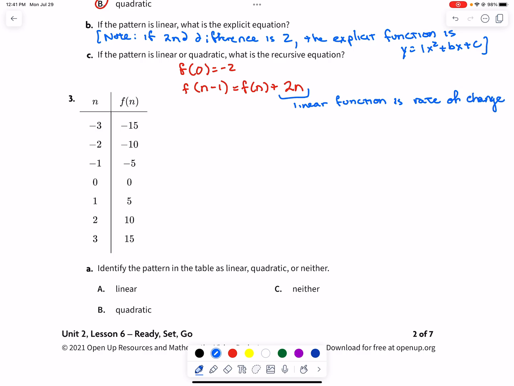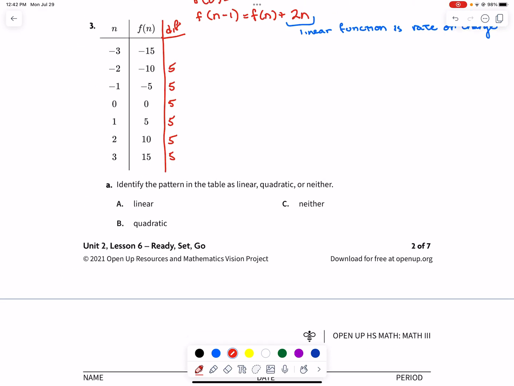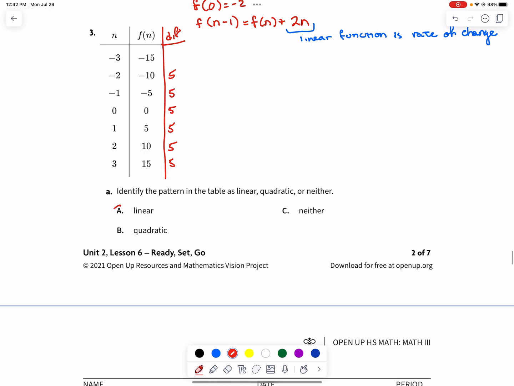Okay, going on. Oh, this one's a boring one. I'm not going to write the second differences because this is clearly linear. Yep. All right, so the pattern is, it is linear.